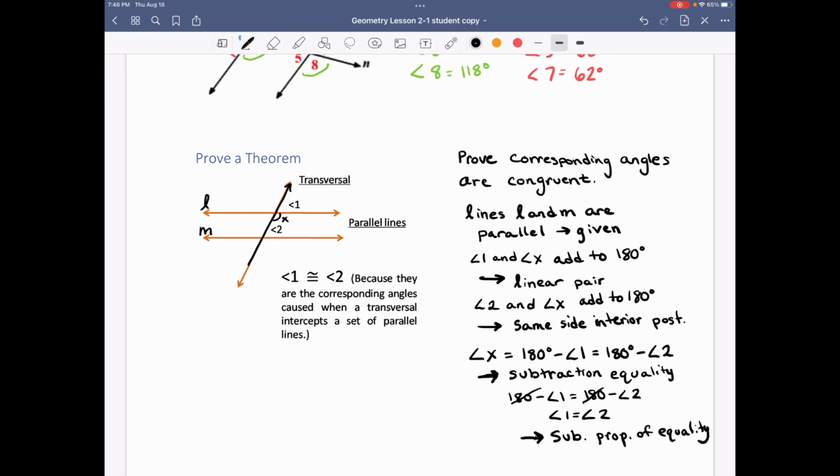I should have put that up there. So same reason. And that's what we wanted to figure out, that these are congruent. That's what we were trying to prove this whole time. And once we get to that, we've solved our proof. Prove corresponding angles are congruent.